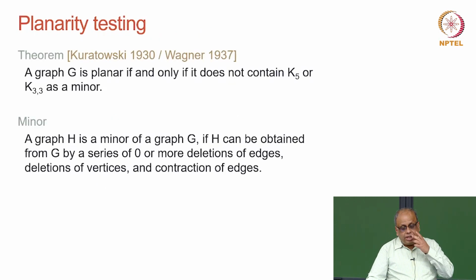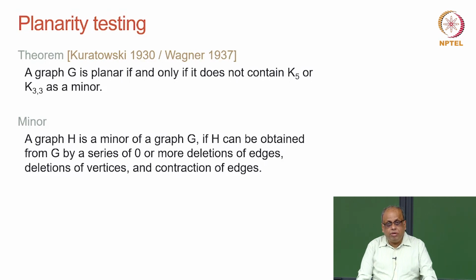And as he said, this is an algorithm which can be used for planarity testing. What it says is a graph is planar if and only if it does not contain K5 or K33 as a minor. A graph H is a minor of a graph G if H can be obtained from G by a series of 0 or more deletions of edges, deletions of vertices, and contraction of edges.